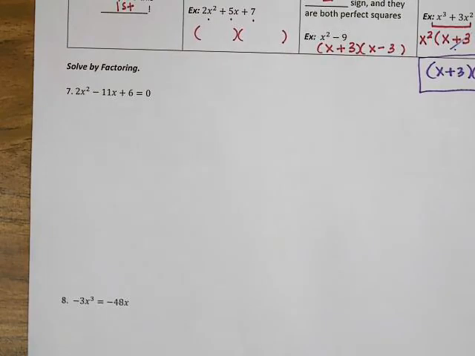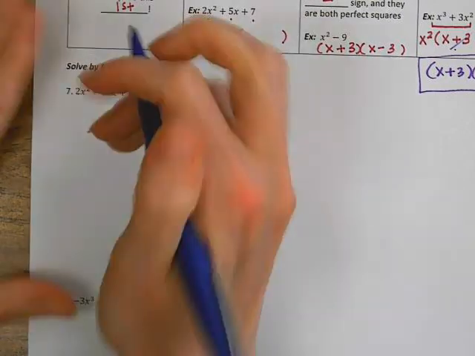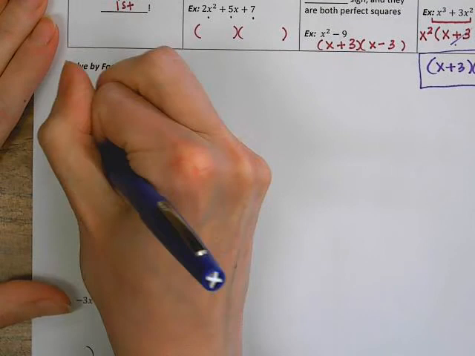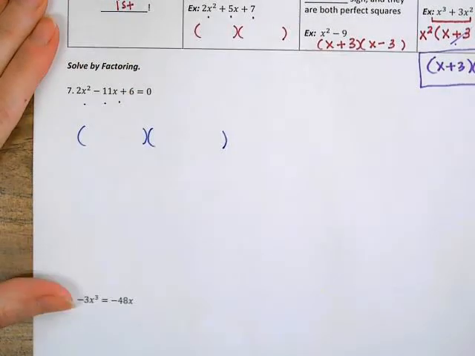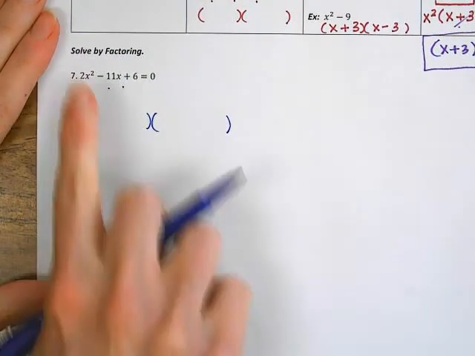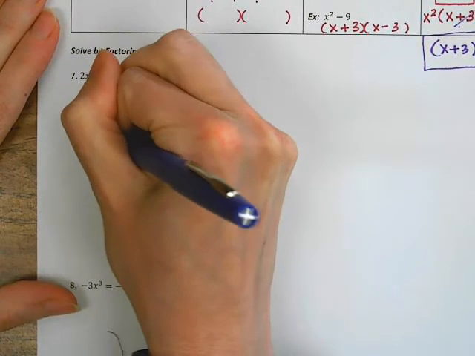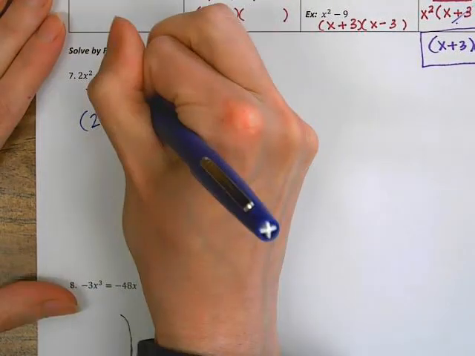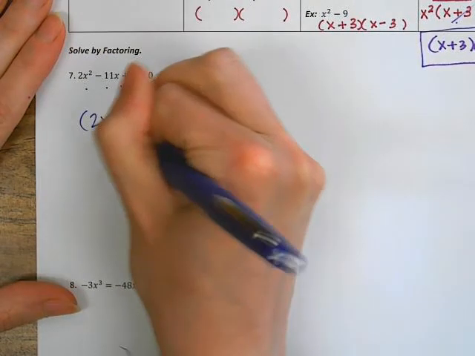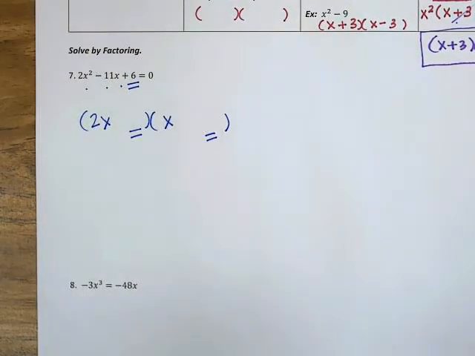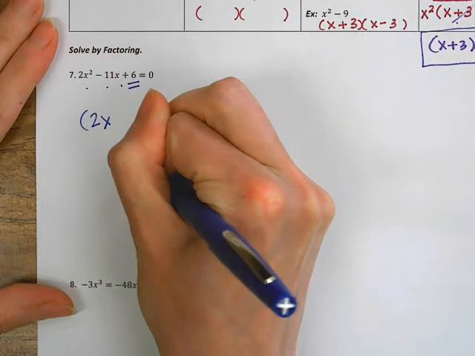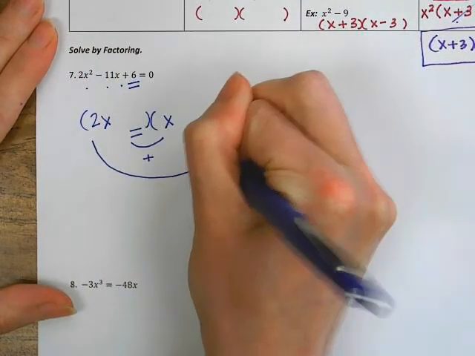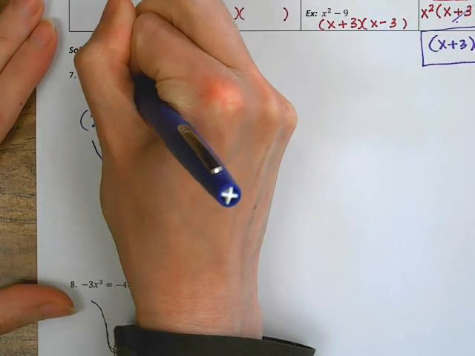All right, so let's try this. So solve by factoring. Okay, so this one is a trinomial, so we're going to do guess and check. So if it's 2x squared, we need a 2x and a 1x. And then we need 2 numbers that multiply to 6, but keep in mind the inners plus the outers have to add to negative 11.